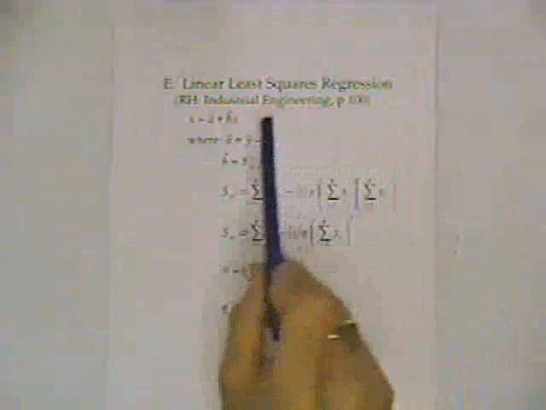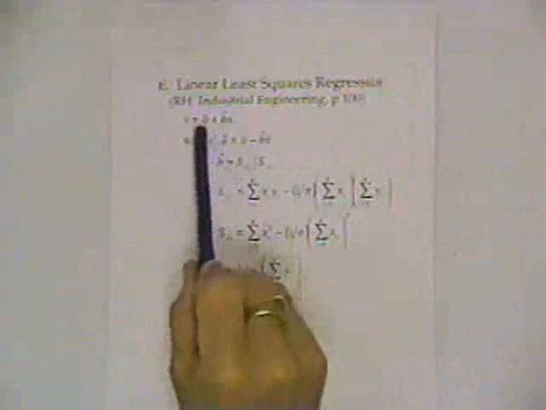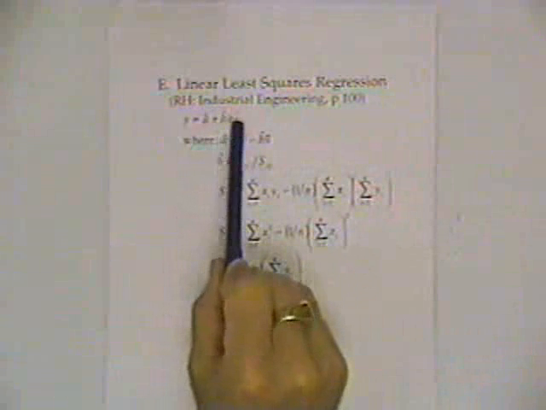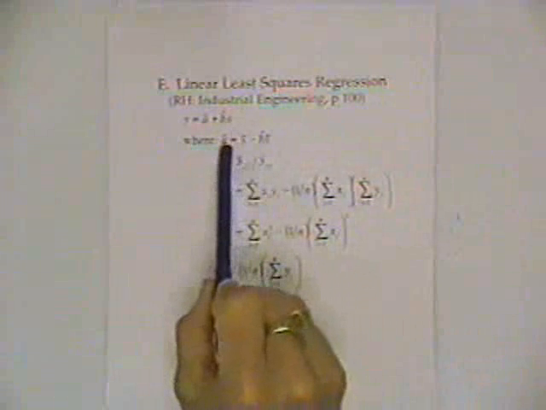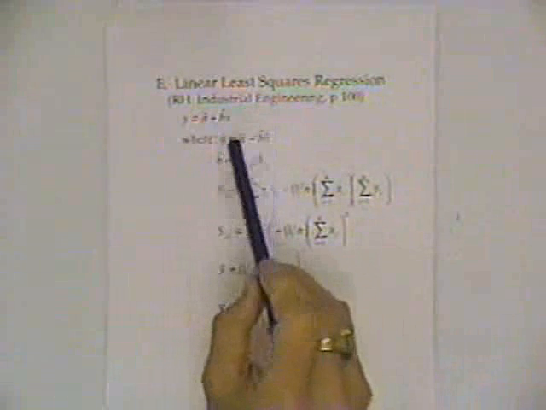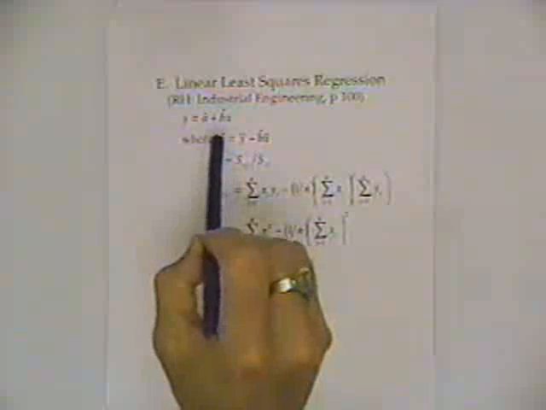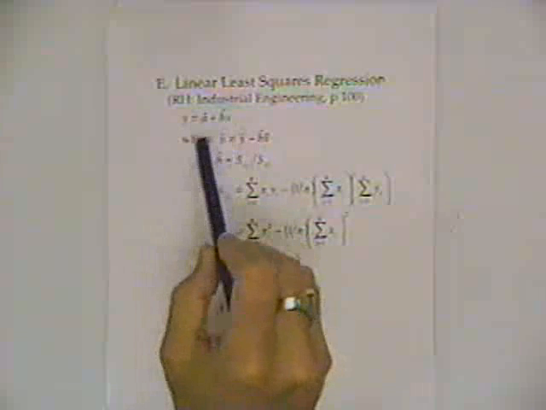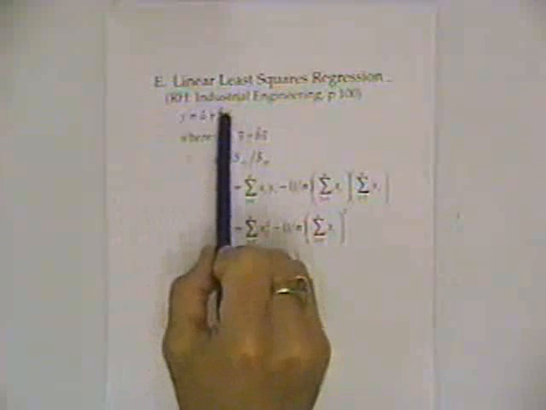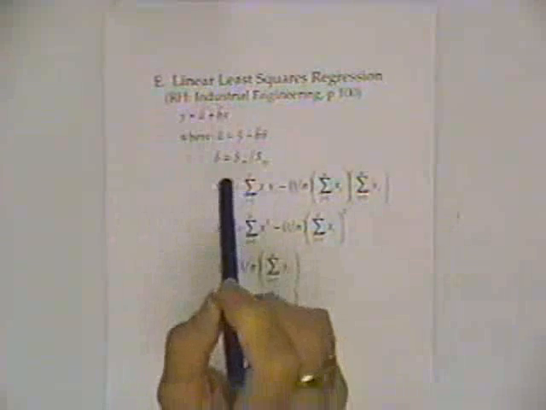the problem is specified as finding a linear equation of the form y is equal to a hat plus b hat x, where a and b are unknown coefficients at the start. So the job is to find the coefficients given the values of the variables. In other words, normally, you have x and y as unknowns and a and b are things you know.